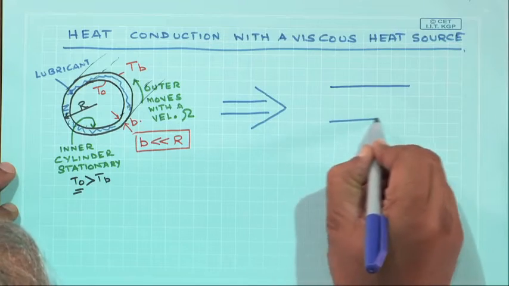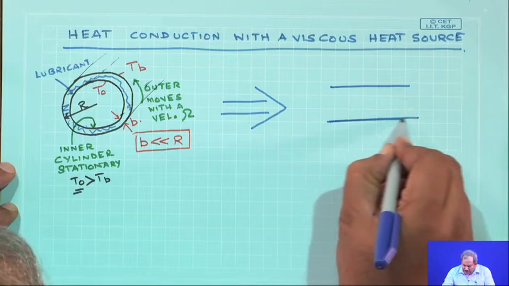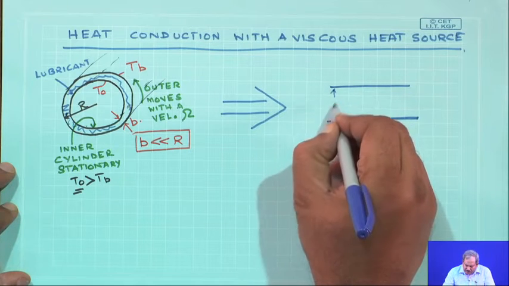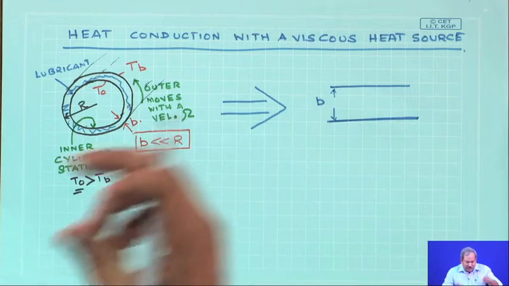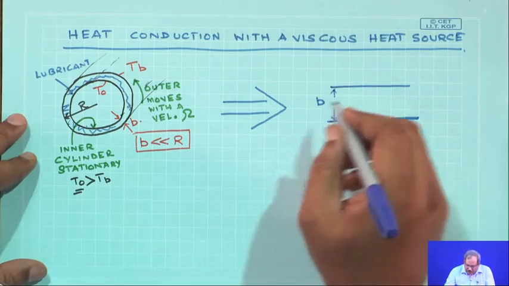But since B is very small compared to R, I can convert this system from cylindrical to a rectilinear coordinate type of system. So, the system now looks like two parallel plates, where the separation between the plates, as in the problem, is equal to B.